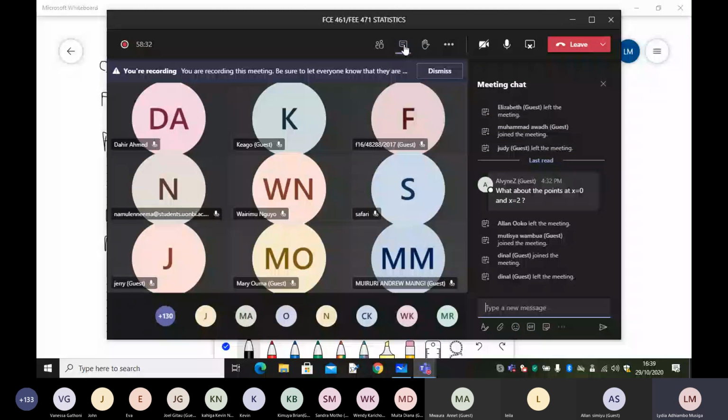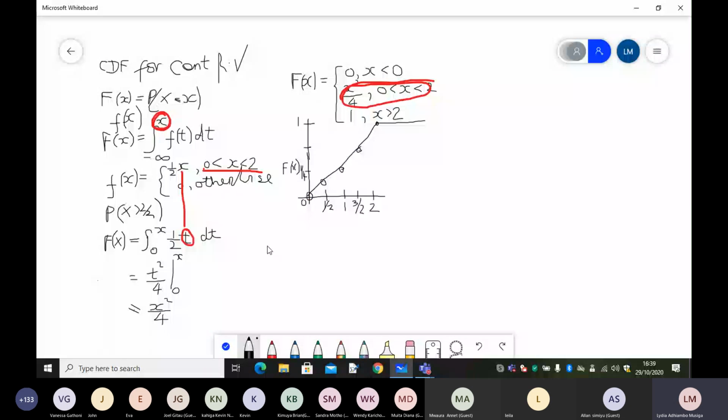Someone is asking, what about the points at x equal to 0 and x equal to 2? I know you will come across a number of books.